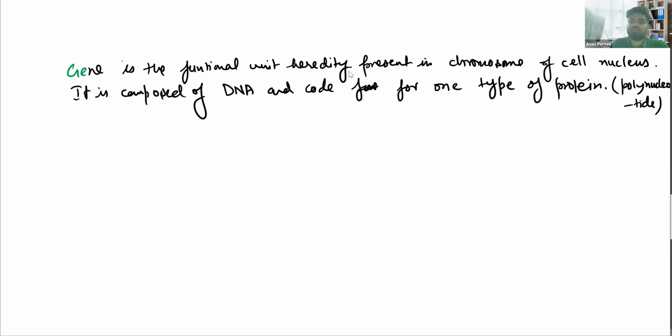Let me explain what a gene is in more detail. Let me show the video if it is possible. So wait a minute. You must know what a gene is.